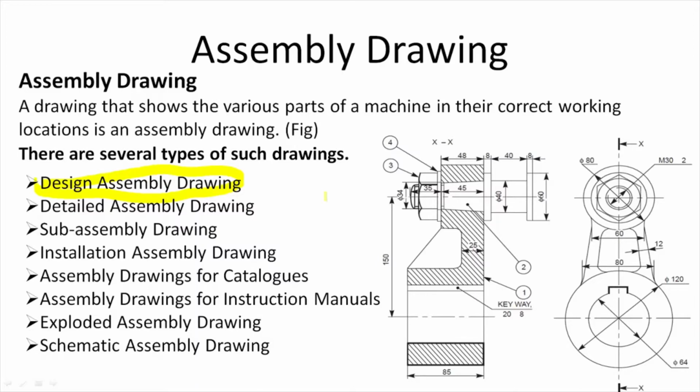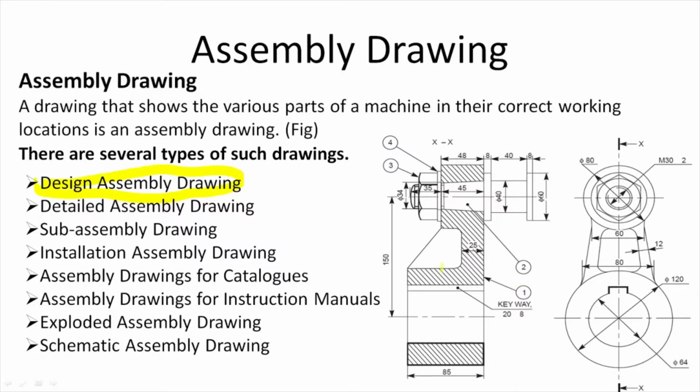It is not possible to give the entire drawing in one sheet. In those cases, you can go for sub-assembly drawings. Next are installation assembly drawings, assembly drawings for catalogs, assembly drawings for instruction manuals, exploded assembly drawings, and schematic assembly drawings.